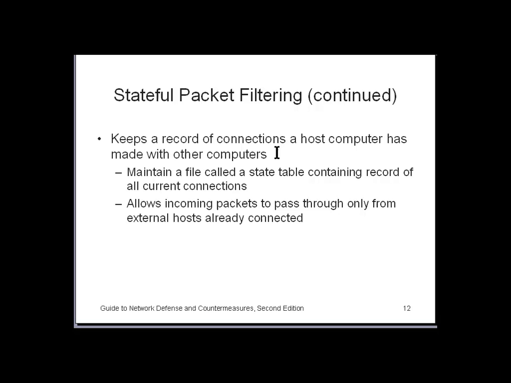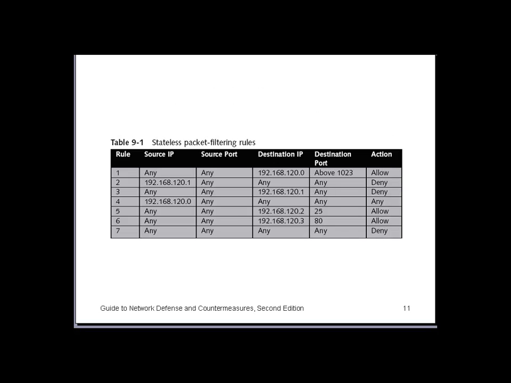What stateful packet filtering does is it keeps a record of the connections that have been made between a client and a server, and it maintains something called a state table, which contains a record of all the current connections. And so stateful packet filtering means that once that connection, let's say between .1 here and .2, has been established, the incoming packet is compared with the connections in the state table, and if that connection has already been established, it allows that packet on through.